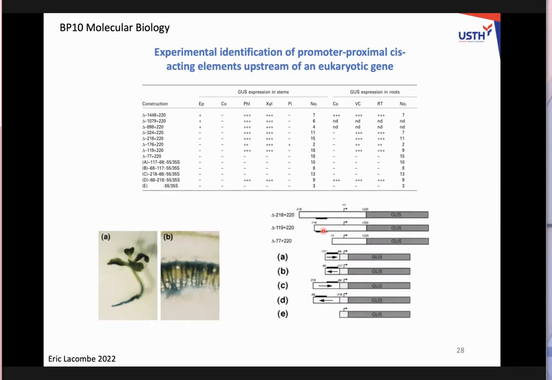So location is very important, but if you reverse the direction of the regulatory element, it doesn't have any consequence because the transcription factor can still bind. It binds in a reverse way, but it's not a problem because it can activate the RNA POL2, whatever the orientation is.